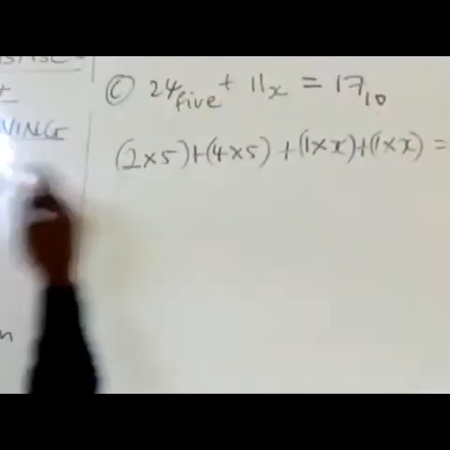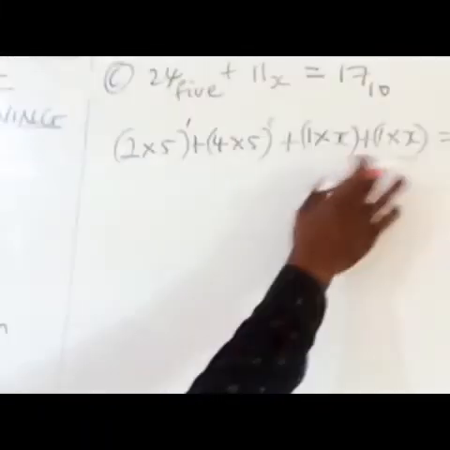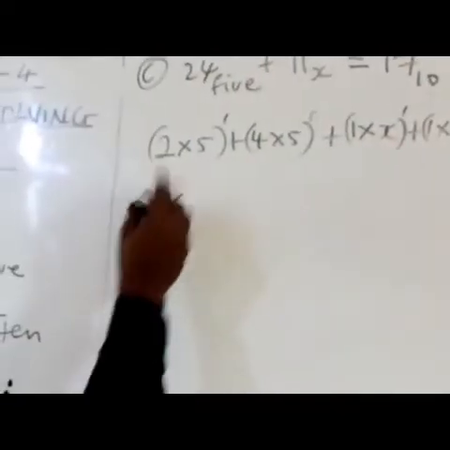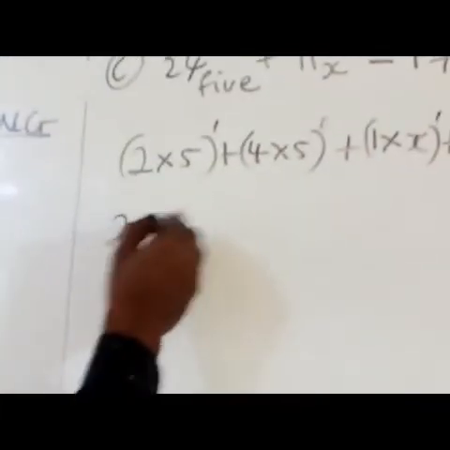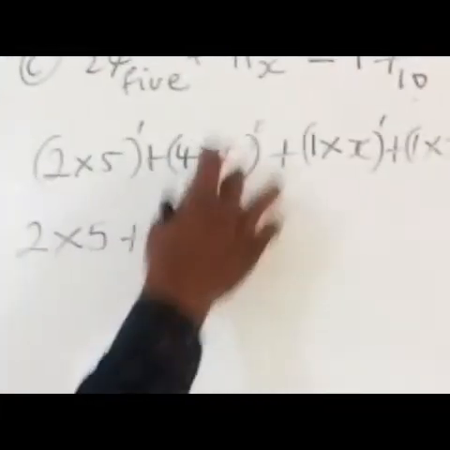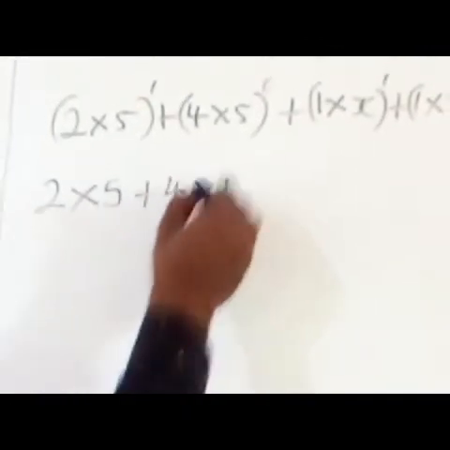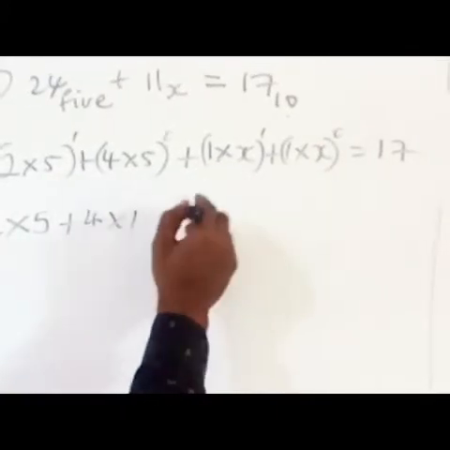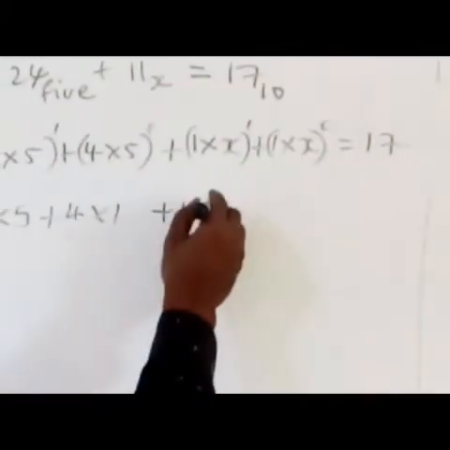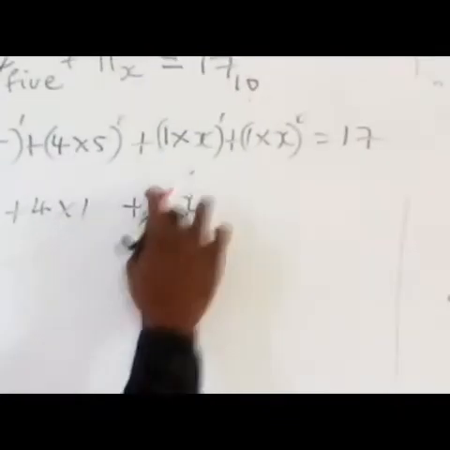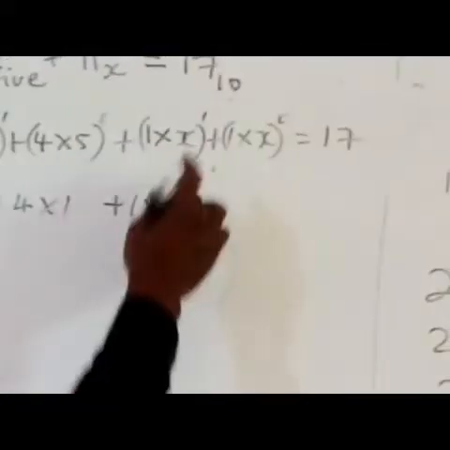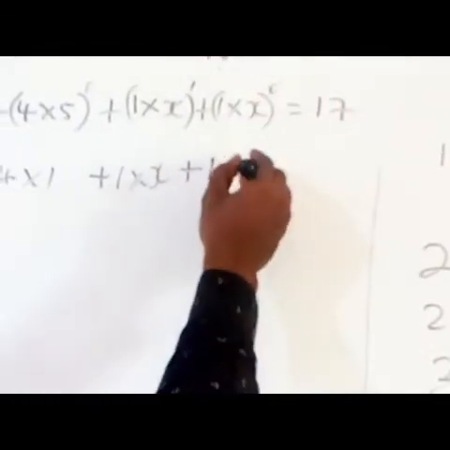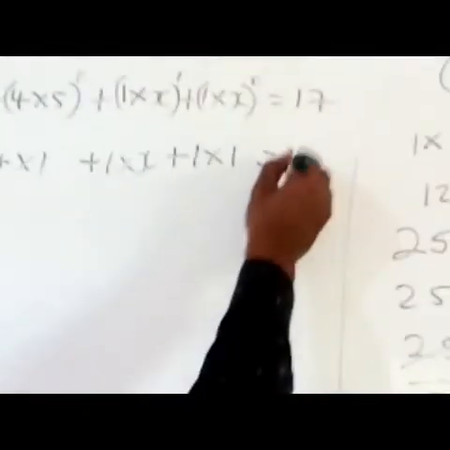So here we find the place value for this first, 0, 1, and we find the place value for x again, 0, 1. So we take 2, 5 to the power 1, it means what? 5. Plus we take 4, 5 to the power 0 means what? 1. So we take plus. This one means 1 and x to the power 1, we get what? x. So 1 multiplied by x. We take plus, we take 1 times x to the power 0 means what? 1 here. Is equal to 17.